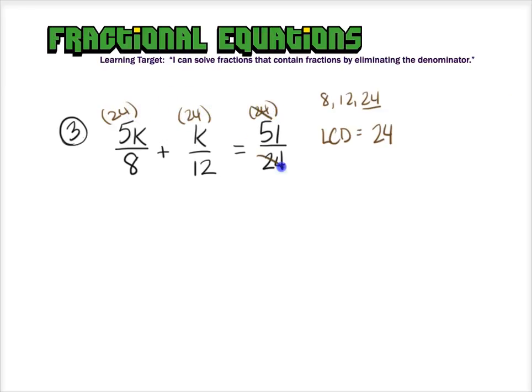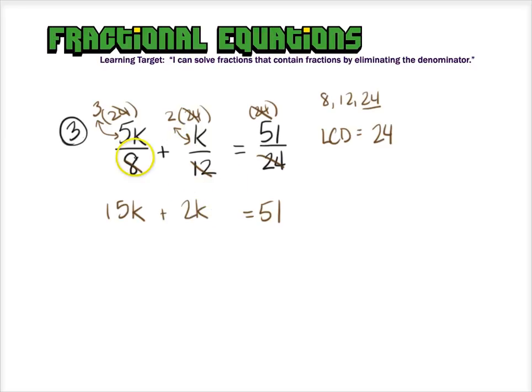I love these because they just go away, they're just gone. So I know this is equal to 51 still. Over here, 24 divided by 8 is 3, and 3 times 5 is 15. Keep the k. Over here, 24 divided by 12 is 2. 2 times k is just 2k.